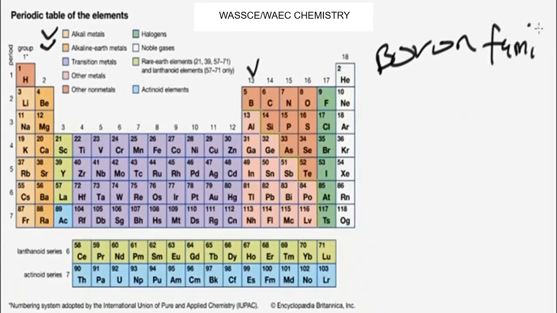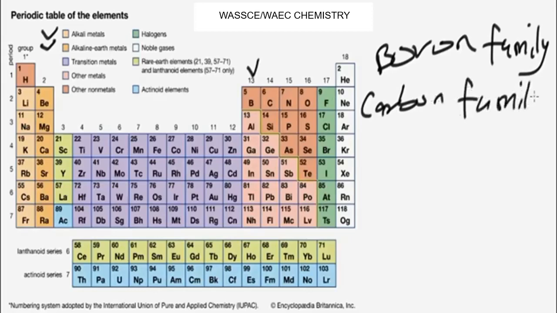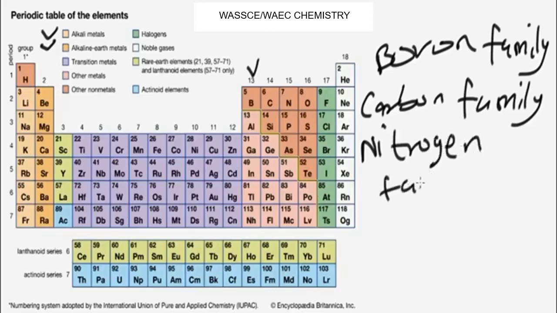Elements in group 14 are referred to as elements in the carbon family. Elements in group 5 are referred to as elements in the nitrogen family. Okay, this is group 4, this is group 5.